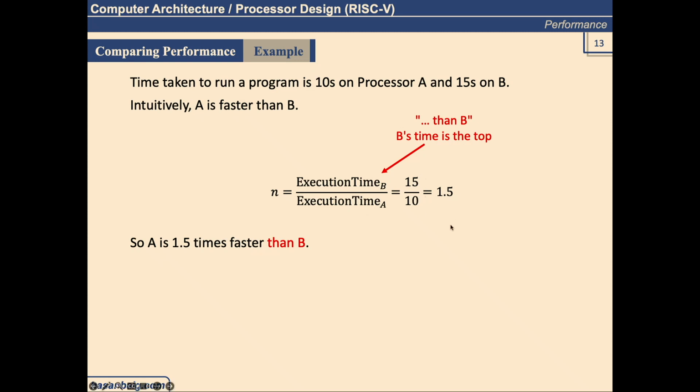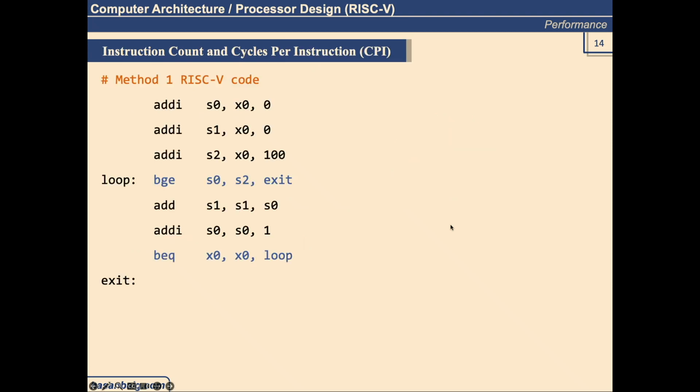Now let's come to some real things. So you have written a program, something like this. So you need to determine the CPU time taken by this program. How can you determine the time taken by this program? In terms of the measure we have been using, the clock cycle.